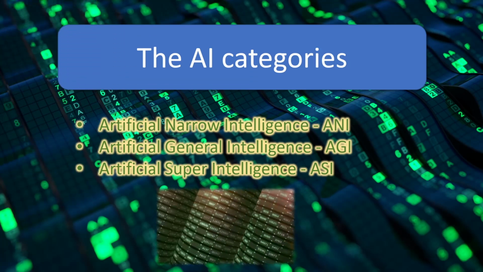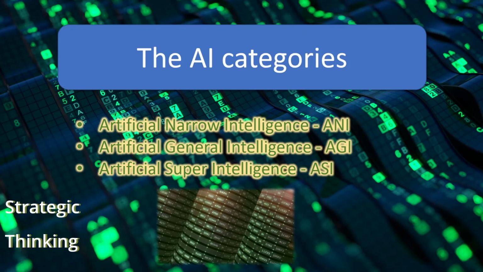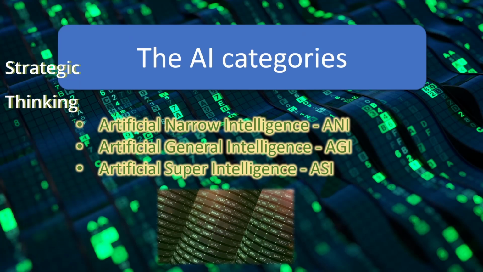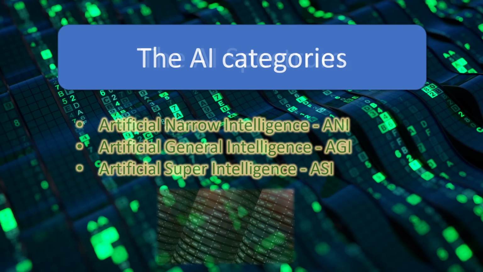ASI would likely possess unparalleled creativity, capable of generating novel ideas and innovations across various fields, by combining ideas from seemingly unrelated fields to solve complex problems. Strategic thinking. It would have advanced strategic planning abilities, capable of foreseeing and navigating complex future scenarios.